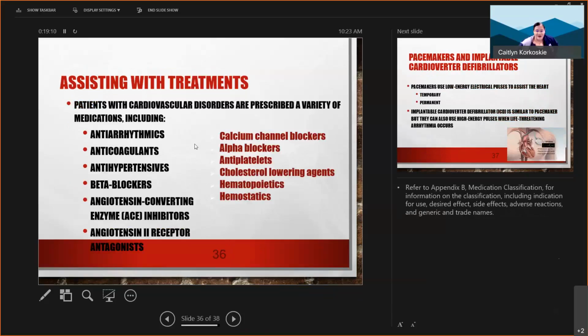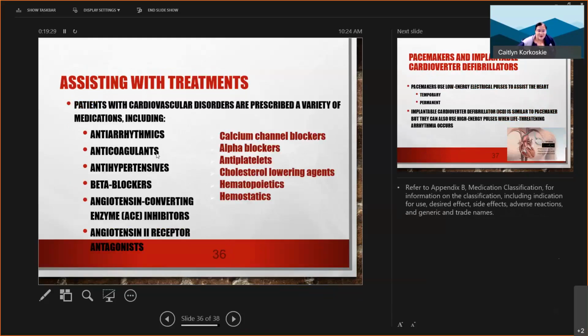So different treatments for different cardiovascular disorders depend on what the disorder is. Of course, if they have some type of arrhythmia, then they would prescribe antiarrhythmics.